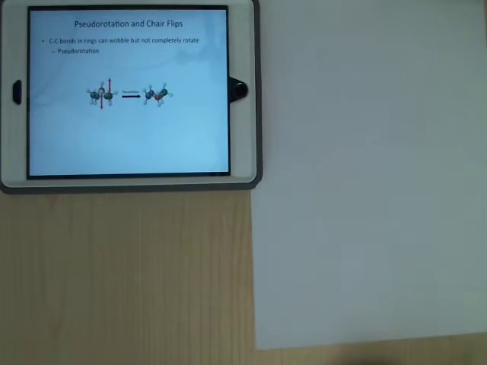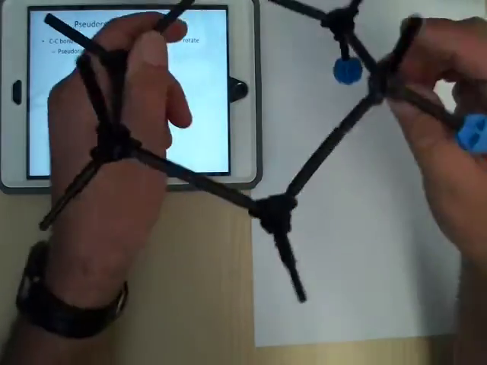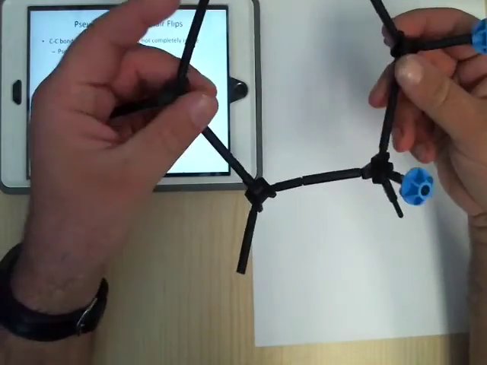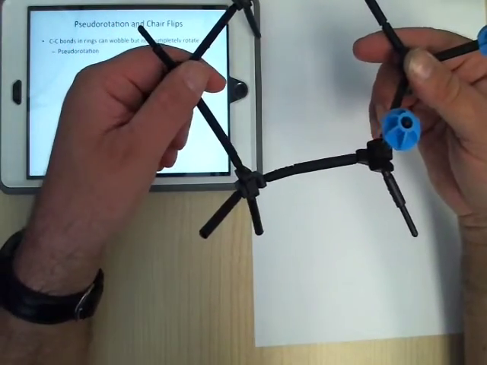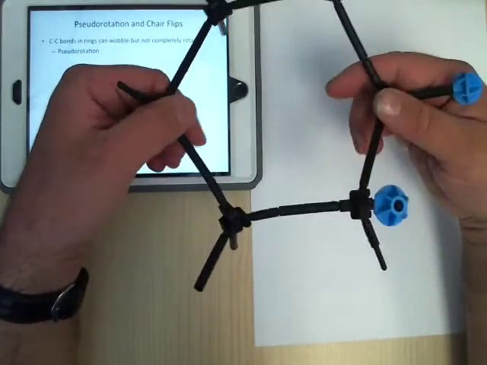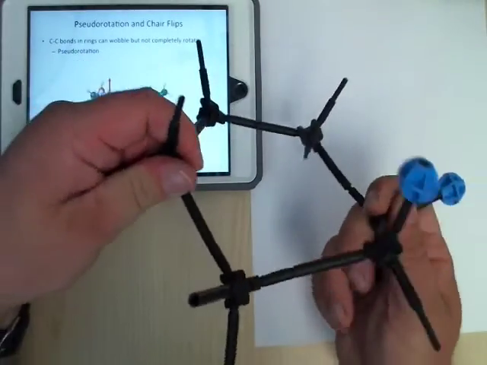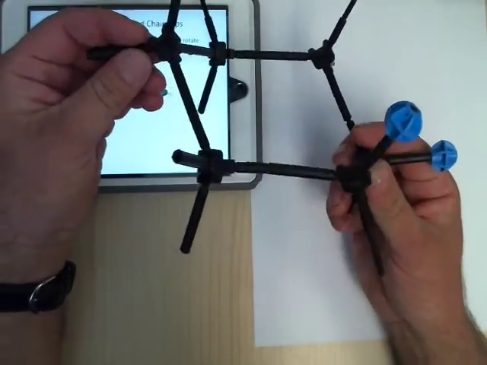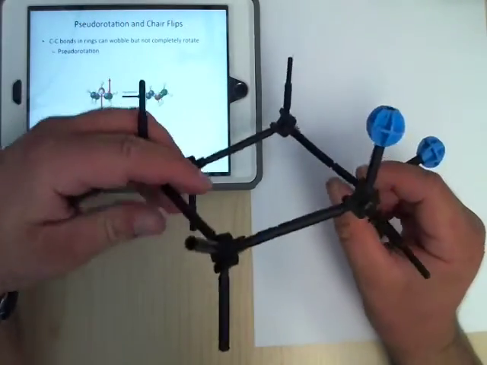We talked about carbon-carbon single bonds having free rotation, but the problem is that you're somewhat fixed in a cycloalkane. However, you do get wobbles, and you can see this with your model kit. What actually happens is what's called pseudo-rotation, where it wobbles.